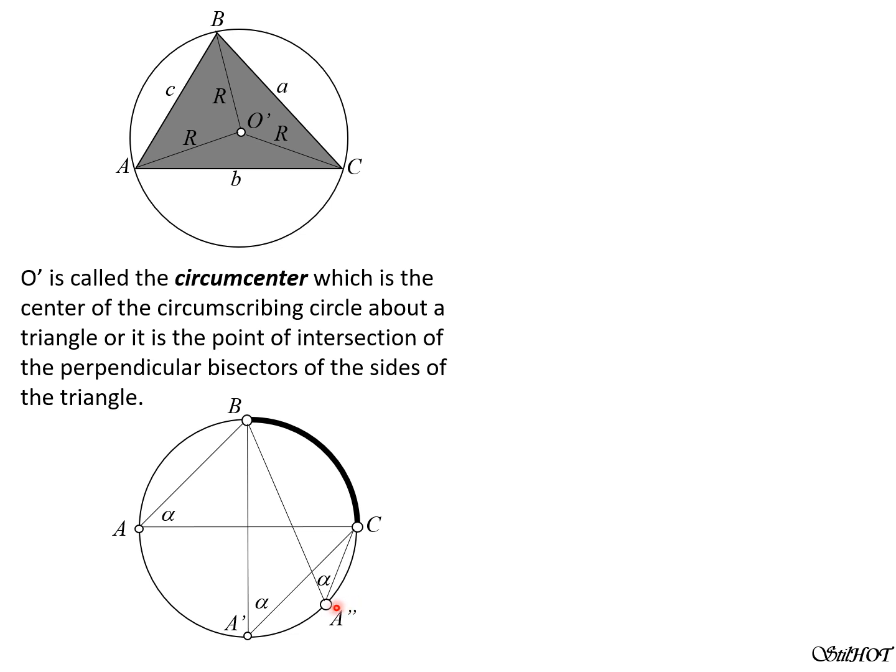The limiting position of this point would be the endpoints of this arc, and one of the supposed chords would be reduced to a tangent. So like here, that's the tangent, and this is the other chord. The angle here is also alpha.